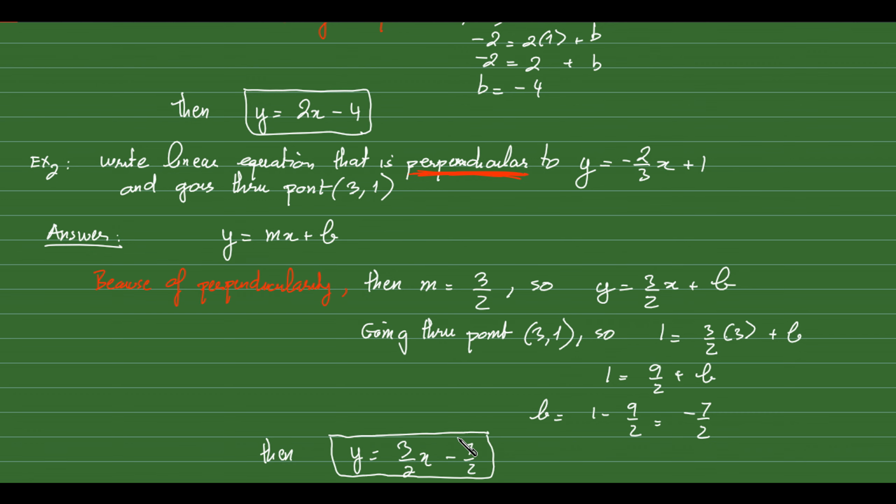Okay, and that's it. Of course some of you want to start with point slope form. That's fine. Okay, that's totally fine. You start with point slope form and you convert, because in the last example I already showed you how to convert from point slope form to slope intercept form.